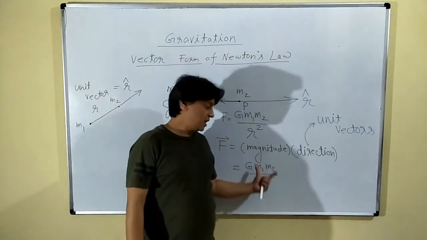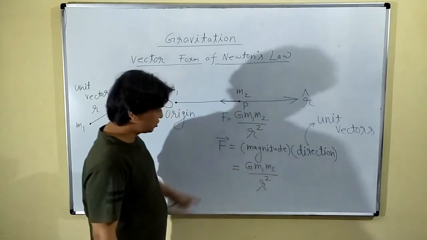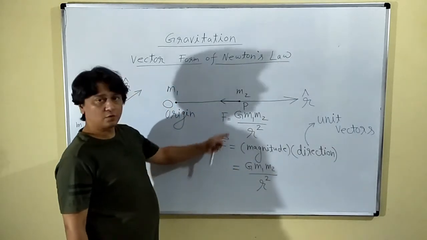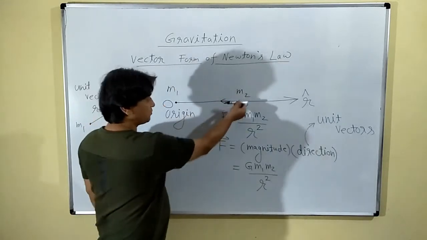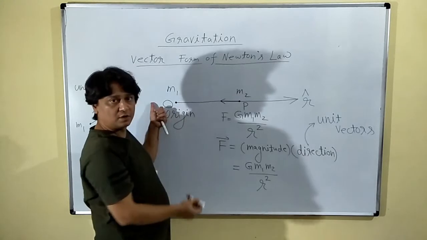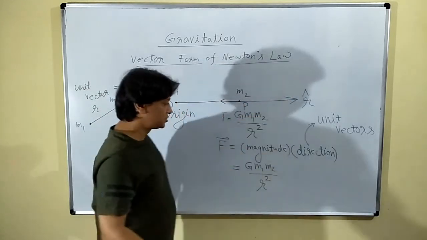Now, magnitude पता है अपने को, क्या चाहिए? Direction. What is the direction of force? Force on M2 coming from M1 is pointing towards M1. That means opposite to what? R cap. Opposite to R cap.